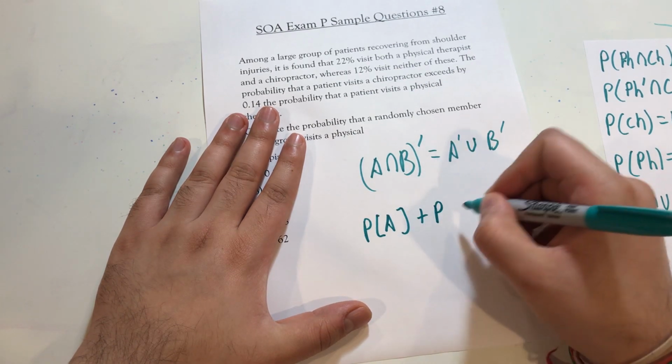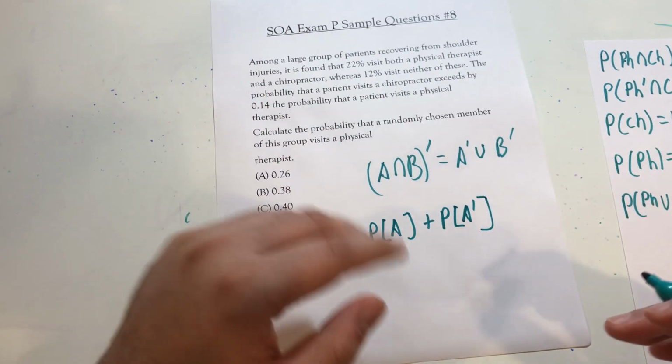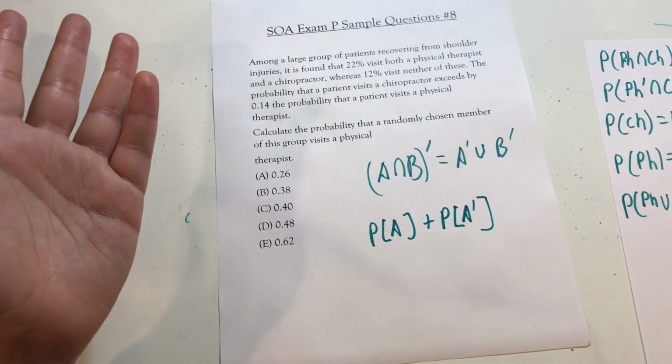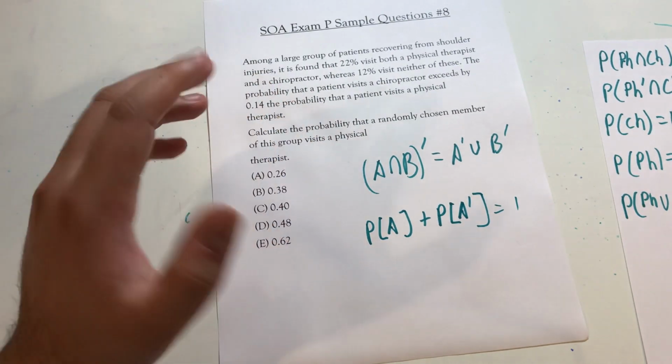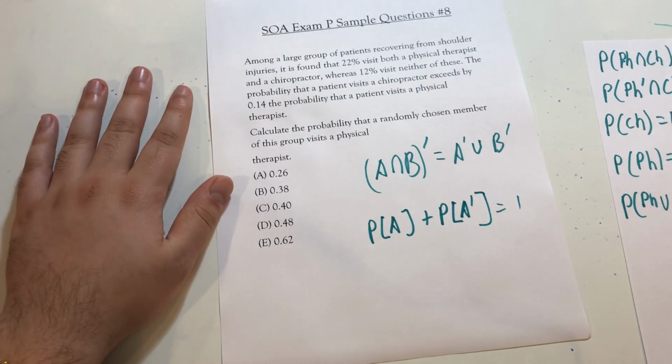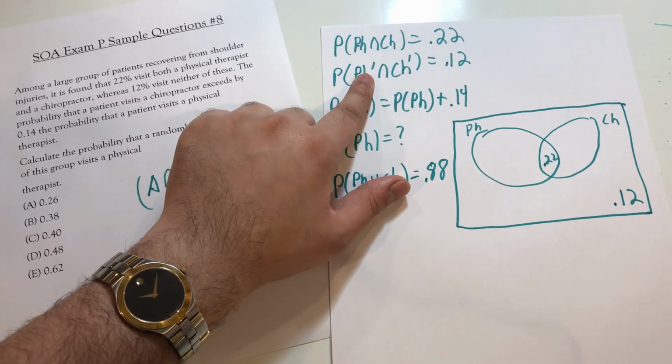Another thing is that if you have the probability of event A plus the probability of the complement of event A, so basically you have A and then not A, that should equal 1, right? That should be your entire sample space, your total probability. So I can use that here, right?